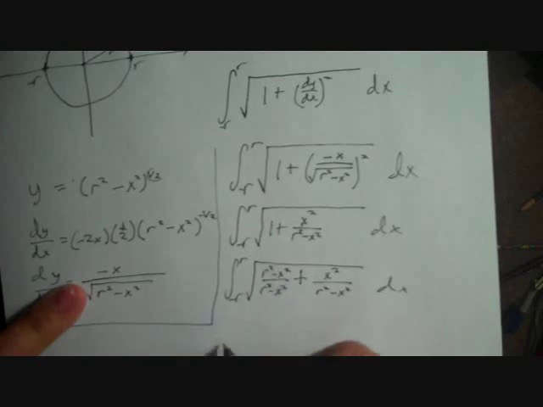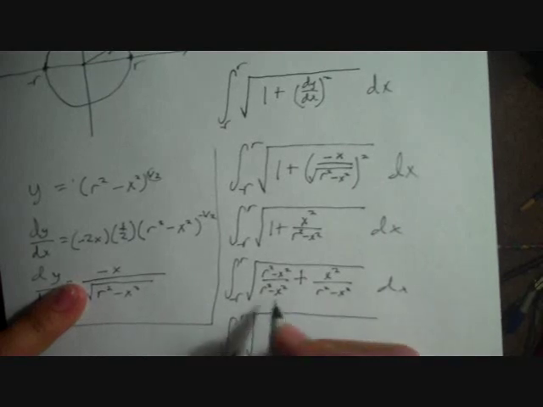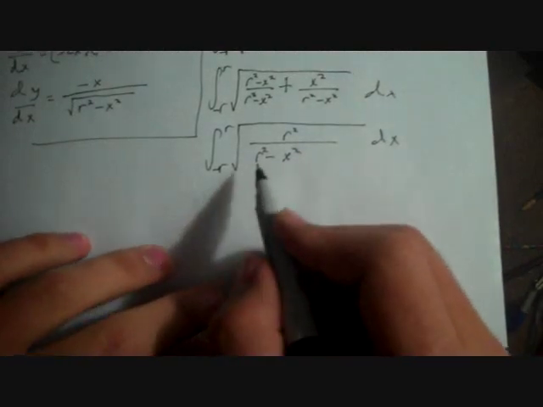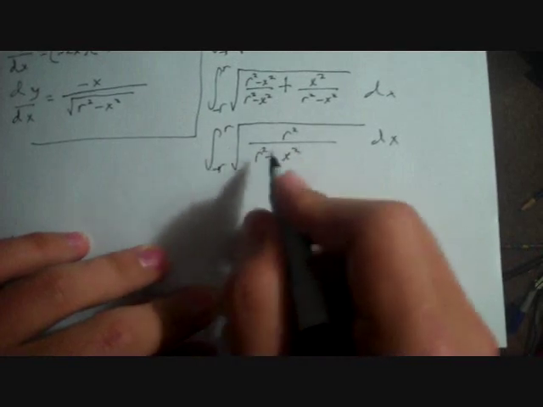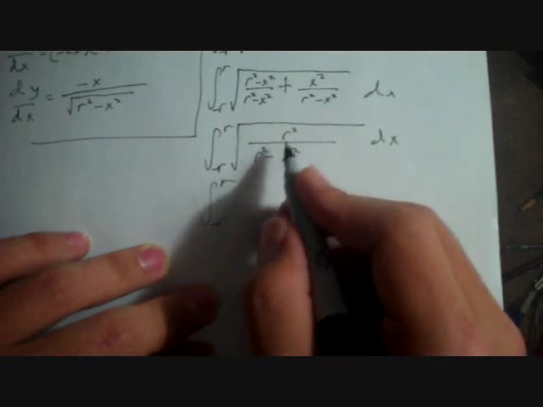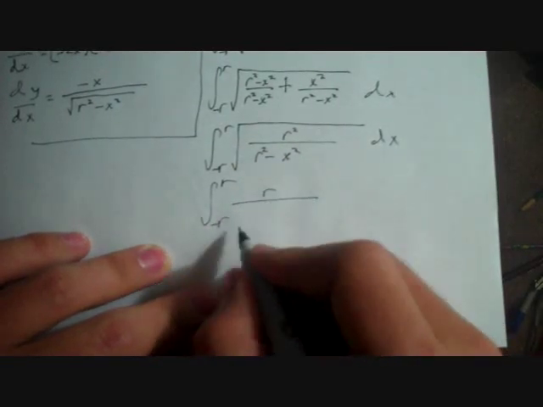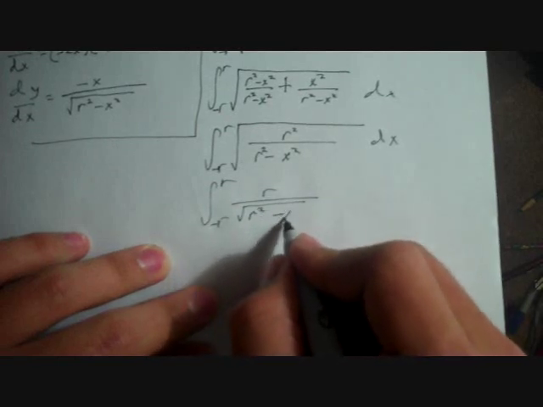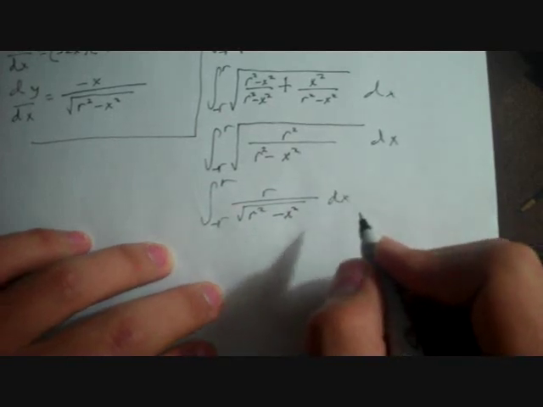So we have the integral from negative r to r of the square root of, well, r squared minus x squared plus x squared, that's just r squared, over r squared minus x squared, all with respect to x. So if we have a quotient within a radical, we can split up the radical. So we'll have the integral from negative r to r of the square root of r squared, well, that's just r, over the square root of r squared minus x squared, dx.